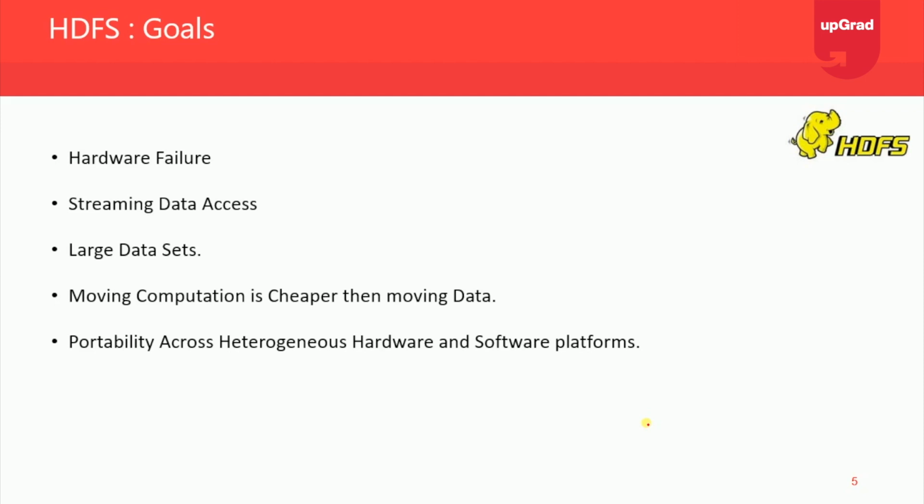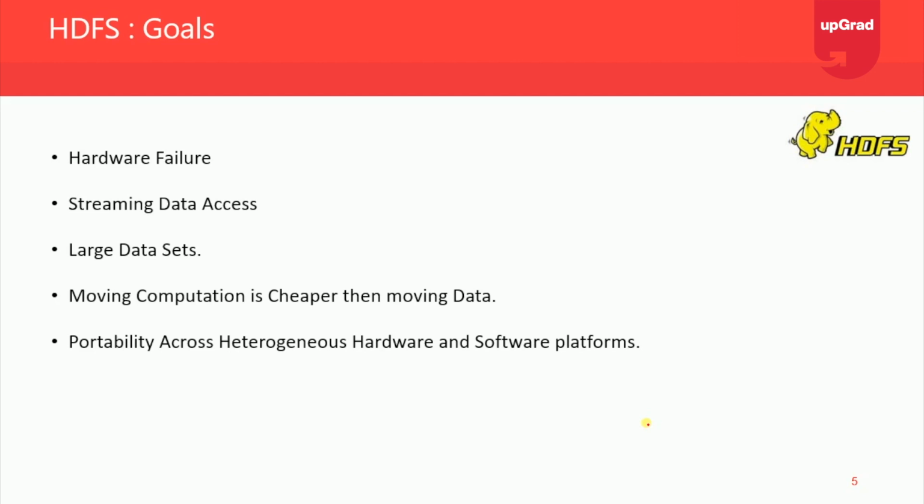Thus, HDFS is tuned to support large files. So, HDFS is designed and is capable of handling files from the size of gigabytes to the size of terabytes, and from a quantity of let's say a few hundred files to millions of files in a single cluster.